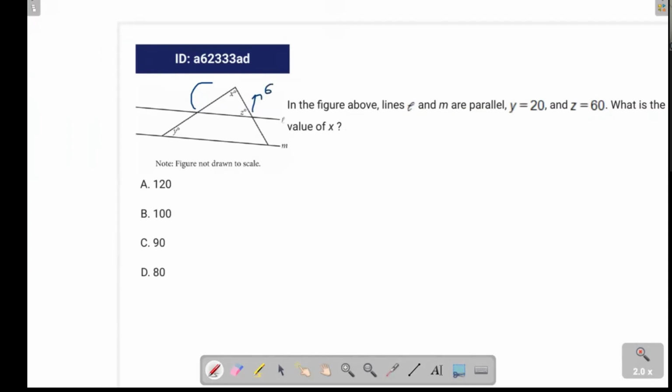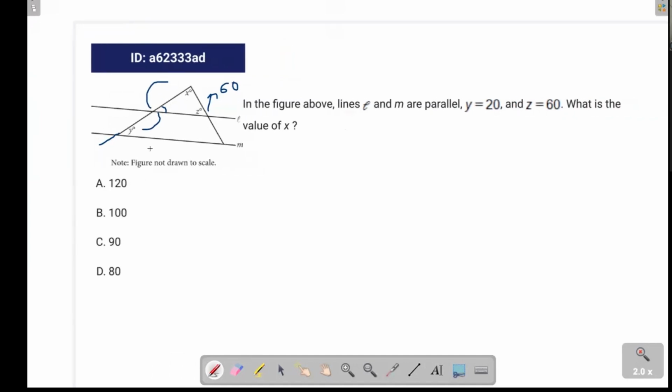You may be thinking that we have two unknown angles, but you can figure out this angle because these two lines are said to be parallel. And if they're intersected by this line right here, this angle is going to be the same as this angle, meaning that our triangle is going to have X right here, Z right here, and then angle Y right here.